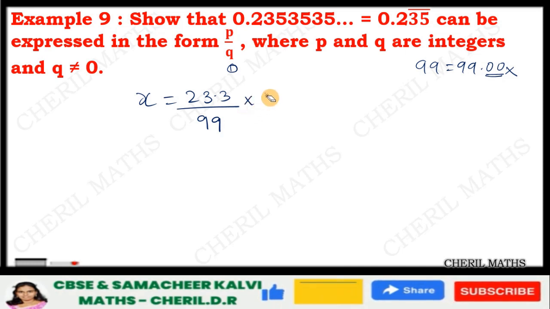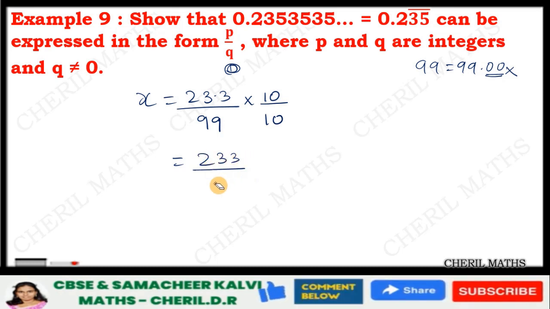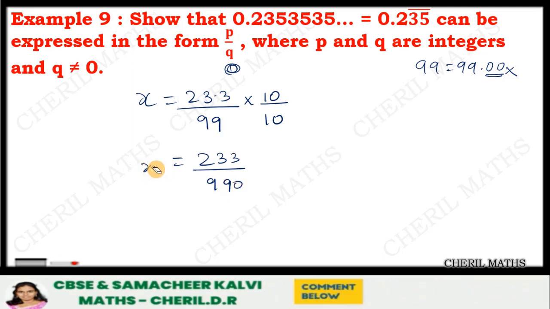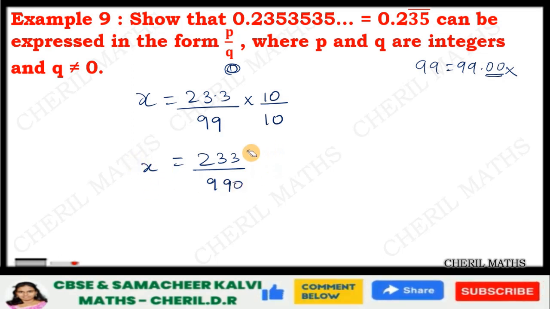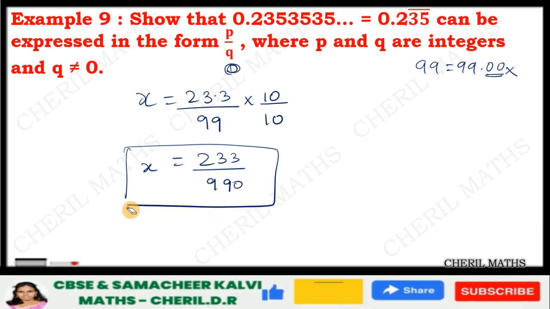So you are going to multiply and divide by 1 followed by that number of zeros. So you have 10. So what you will get is 233 divided by 990. So this is your x, and you cannot reduce it further. So we are leaving it at this step as the final answer.